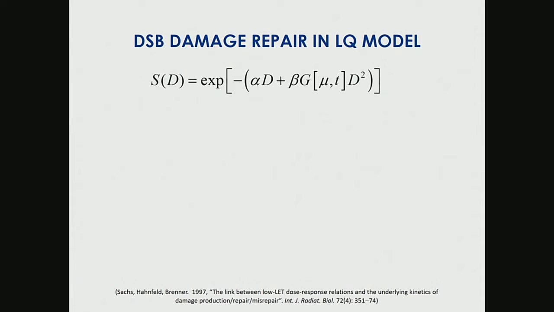So in order to model that, a parameter can be introduced which involves the repair capacity of the cell at the time of the dose irradiation. And this factor is normally called the dose protraction factor because it relates to the finite time used in delivering dose, and the repair that occurs during that time.